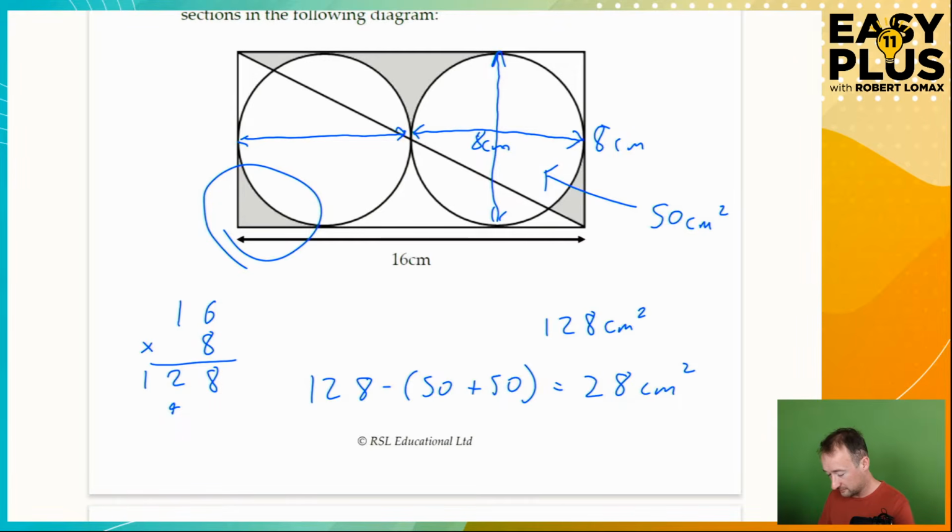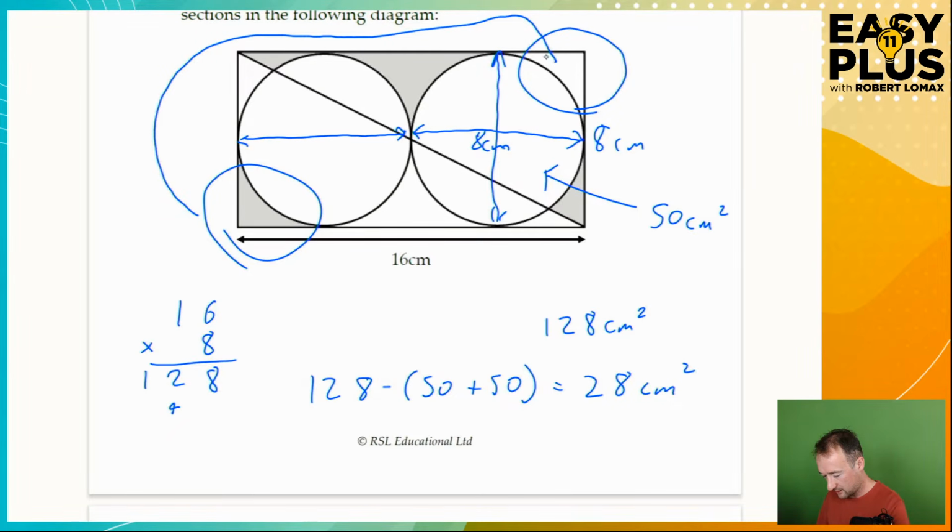Look at this part down here. That part must have an identical area to this part up here. So we can simply imagine that we take this bit here, drag it around the outside, and drop it there. And then we can see that we have effectively shaded all of the bits outside the circles above the line that divides it in half diagonally, and below that line now nothing is shaded.